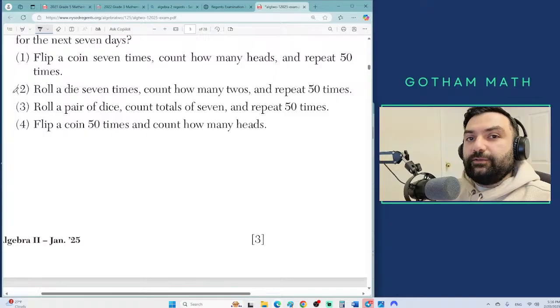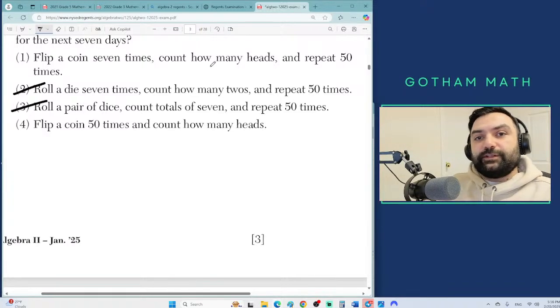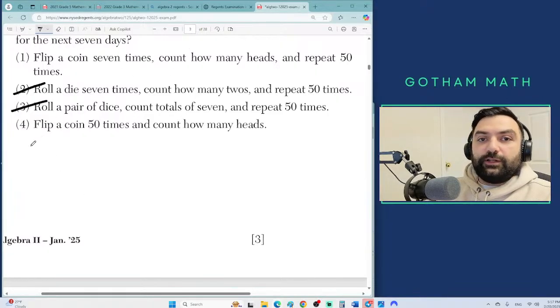Okay, so I don't think it has to be anything to do with a die rolling, right? Because it's a 50-50 chance. So the question is whether it's 1 or 4.